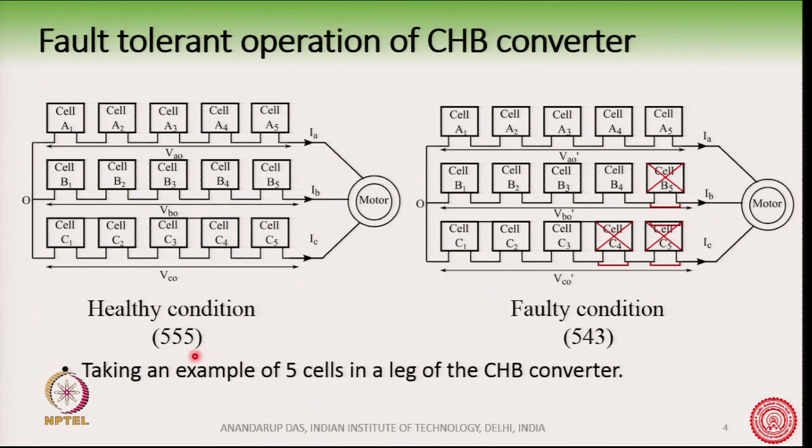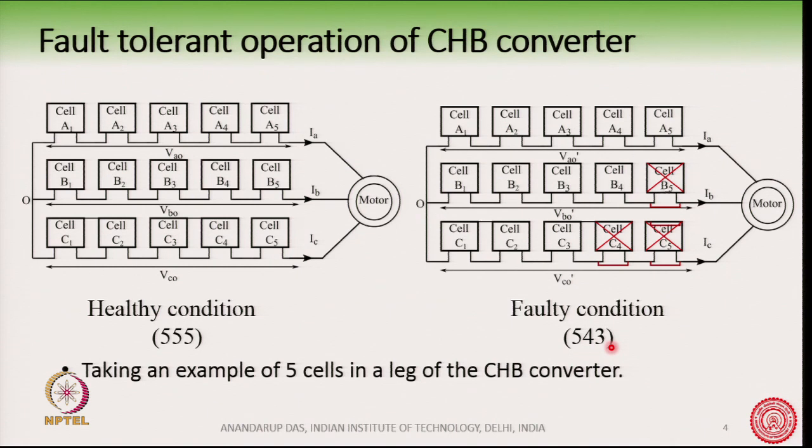Now, suppose we have a fault condition, and there may be several faults over time. We are taking a general case here, and suppose the faulty condition is denoted by 543. What does 543 mean? 543 means that there are 5 healthy cells in A phase, 4 healthy cells in B phase and 3 healthy cells in C phase.